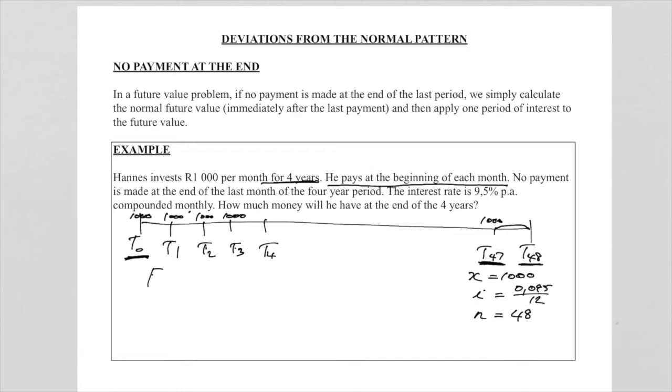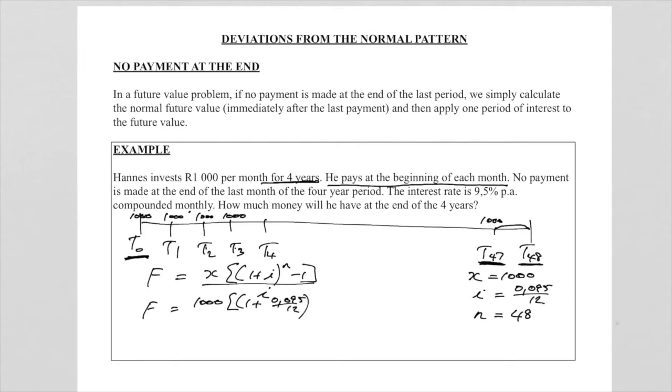So now we need to do our future value annuity. Our formula for future value is F equals x times (1 plus i to the n, minus 1) over i. And now I'm just going to substitute. So F is equal to, the X is 1,000 Rand, that is our monthly payment. And then 1 plus i, which is 0,095 over 12.